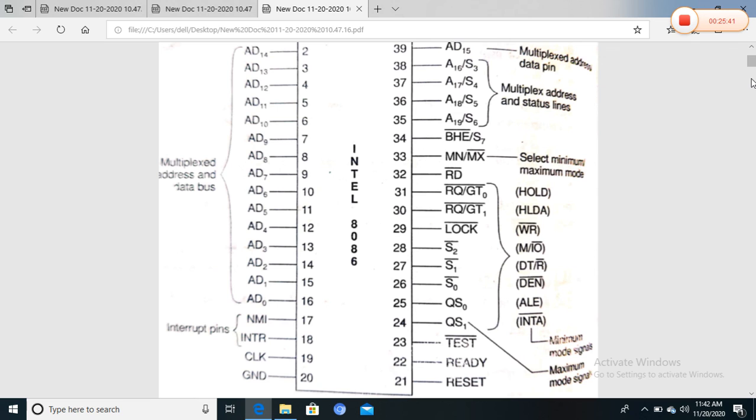RQ/GT0 has higher priority than RQ/GT1. After receiving a request on these lines, the CPU sends the acknowledge signal on the same line. These are the maximum mode pins.